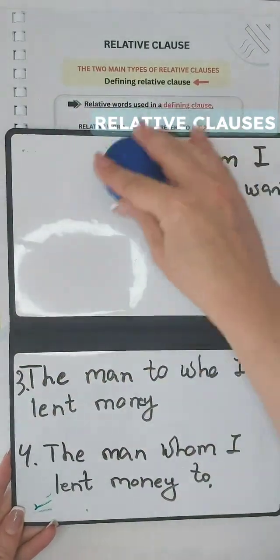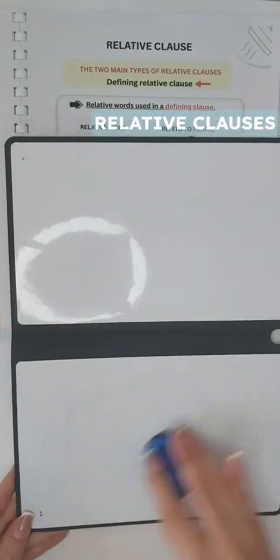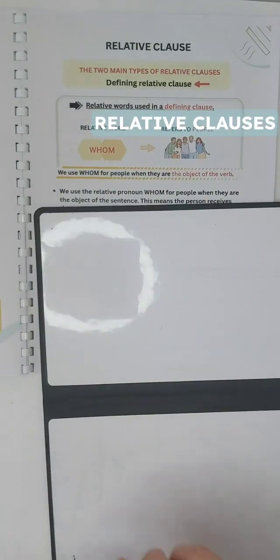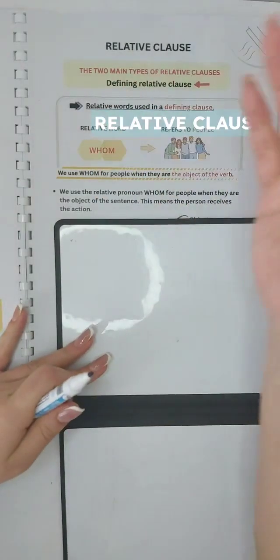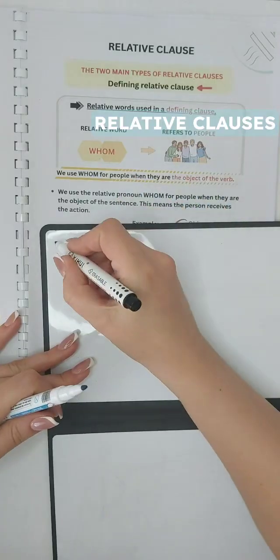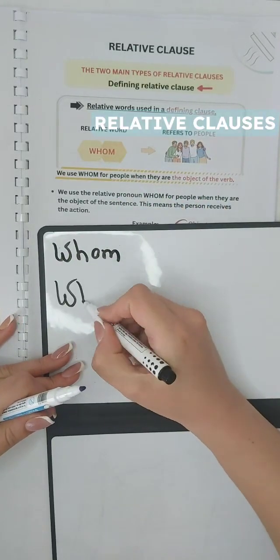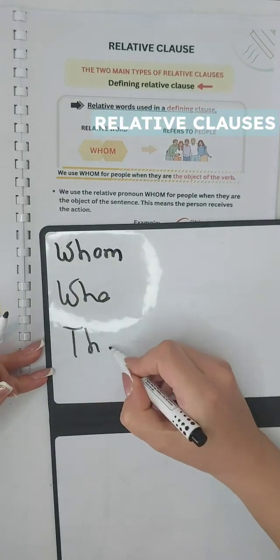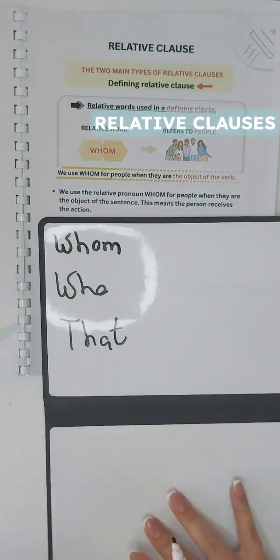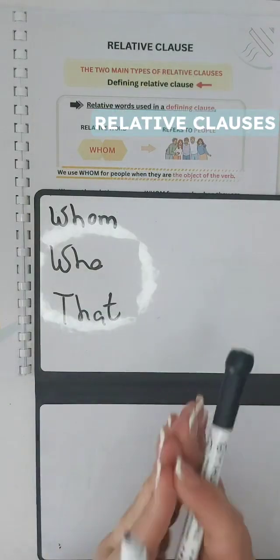Because of course we can use whom, who, and that. It's up to you. If you like to use whom, you can do that. Whom, who, and that. But we already know that there are some structures that we should follow, right?